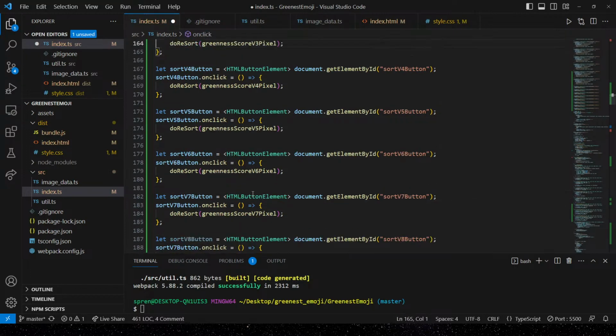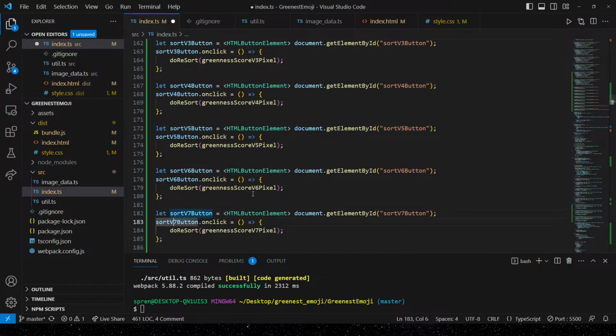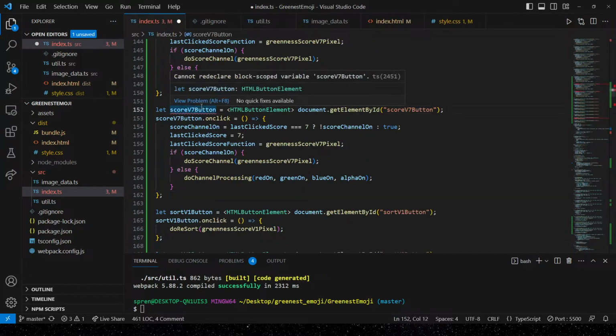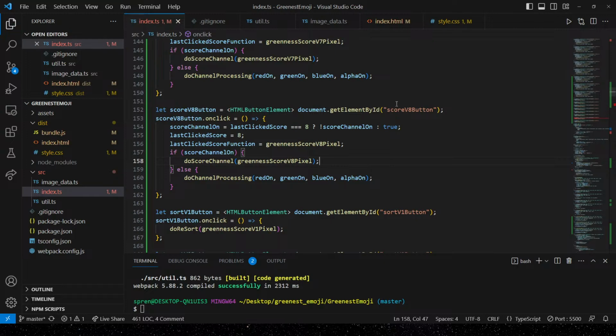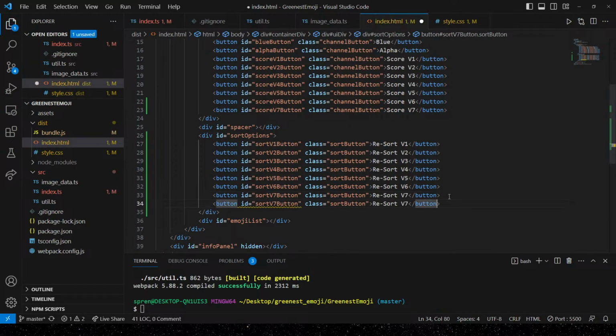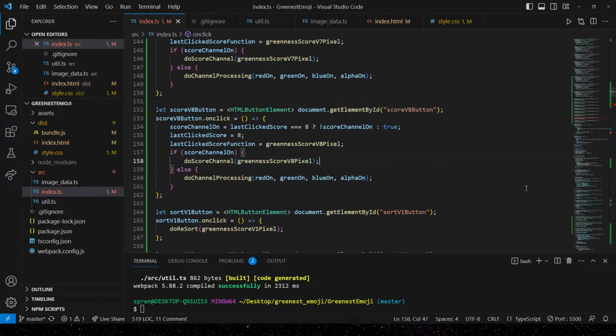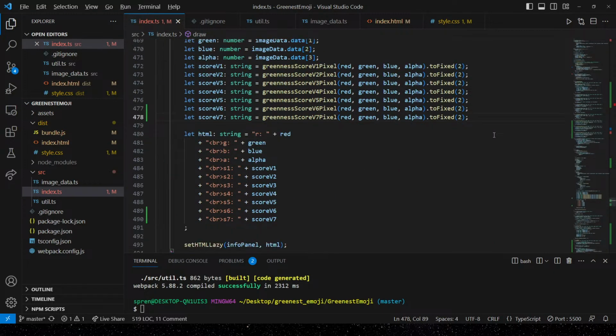It's going to take a minute because there's actually a little bit of boilerplate. Still more boilerplate.